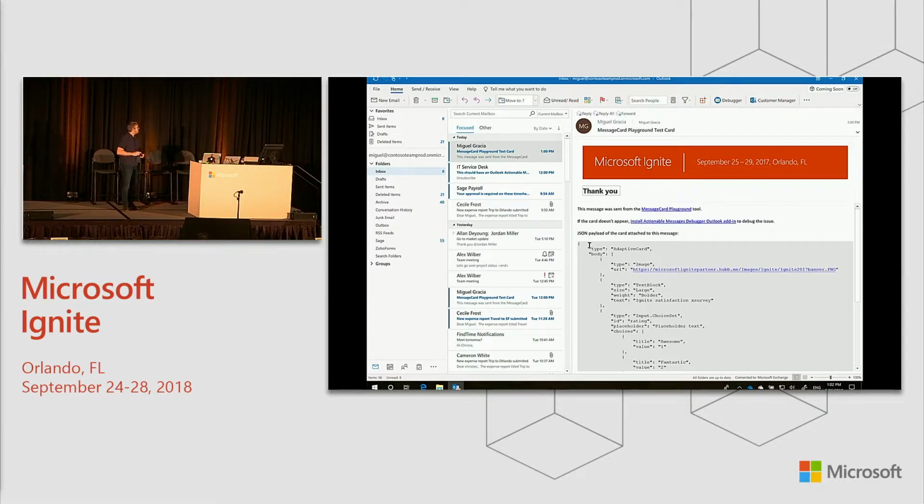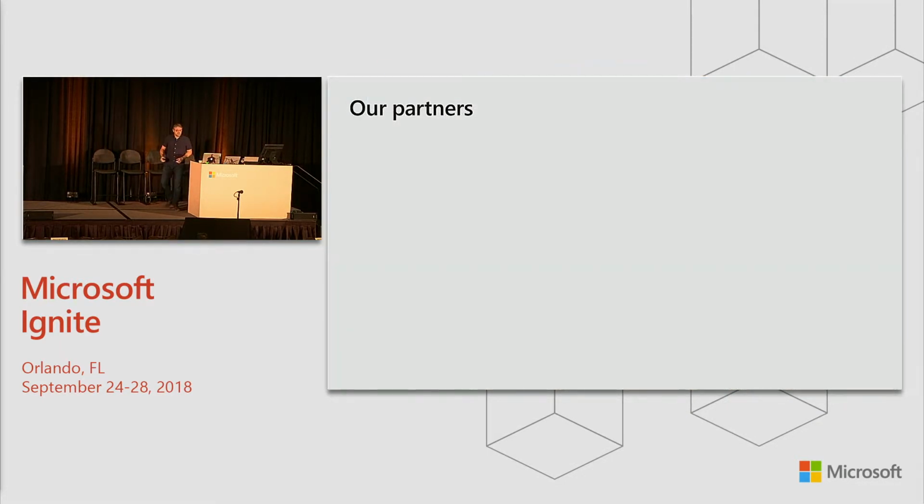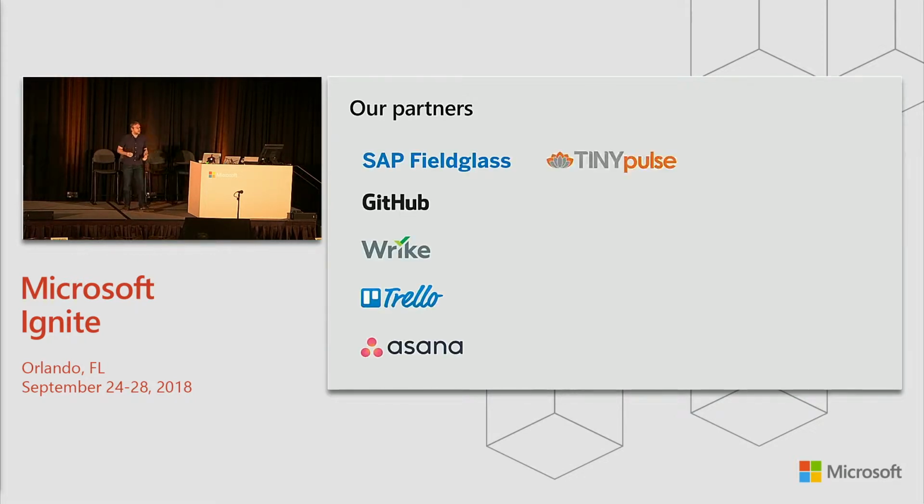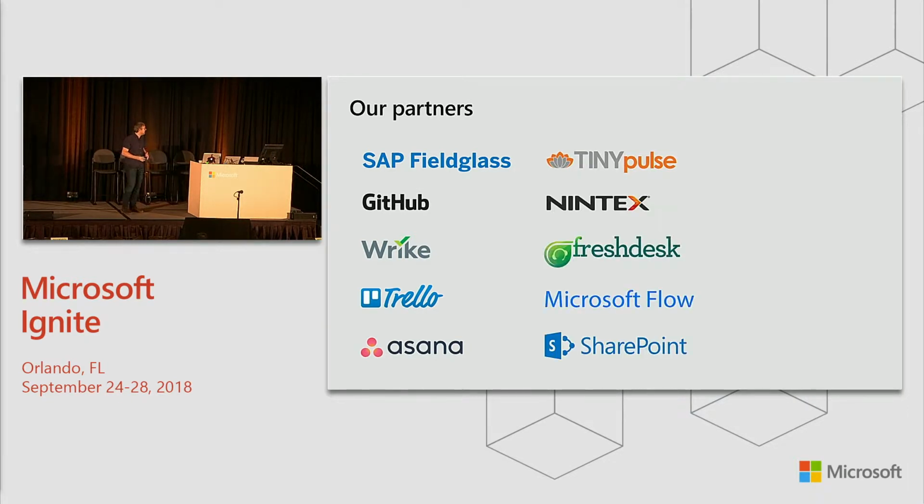And now I'm going to switch back to the box. I'd like to talk very briefly about some partners that we have. Ever since we introduced the actionable message capability, a bunch of partners have said, oh, wow, that's great. And we have big names here: SAP Fieldglass, Workforce Empowerment.